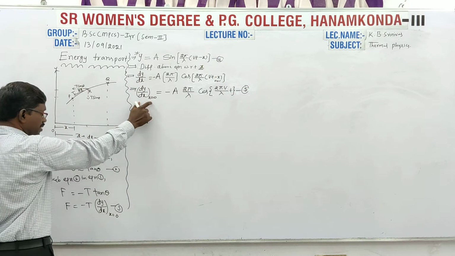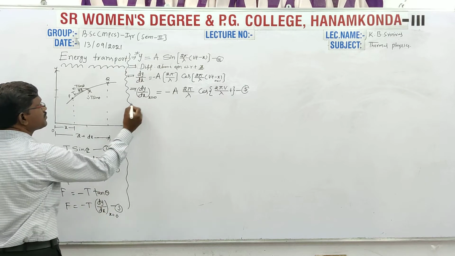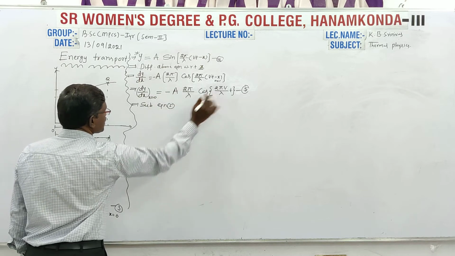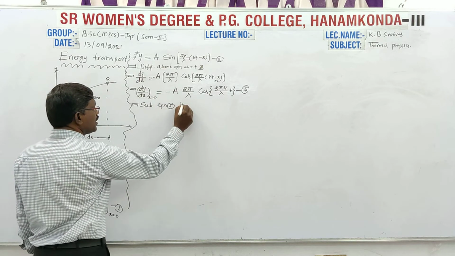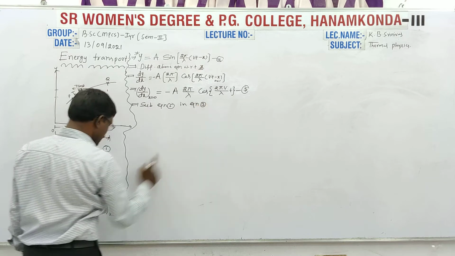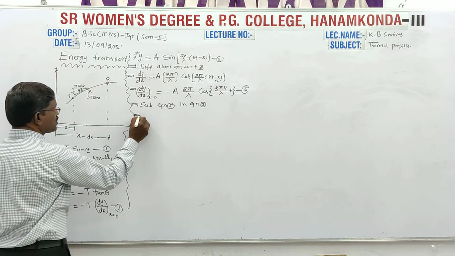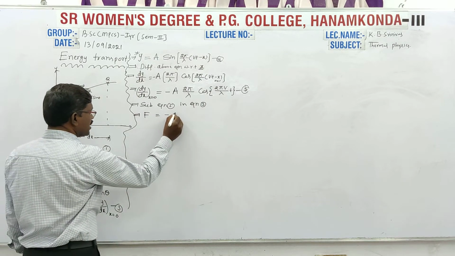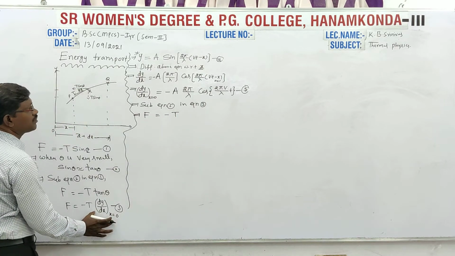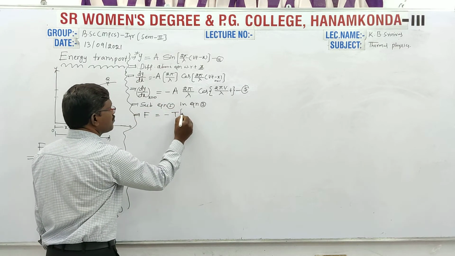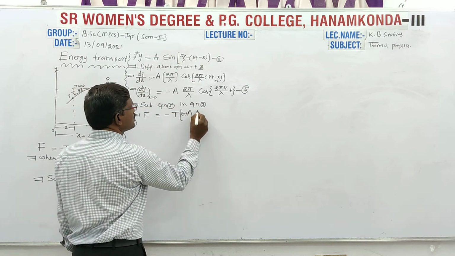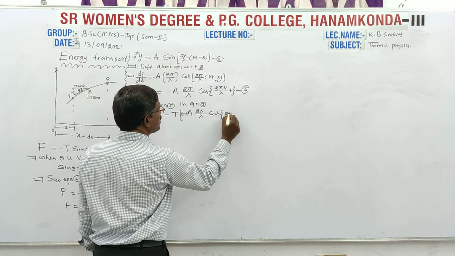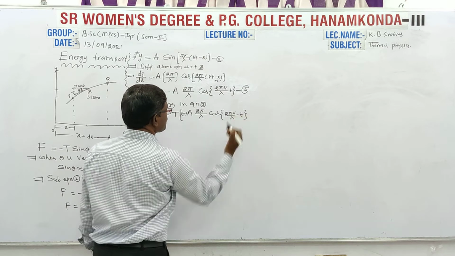Substitute this dy by dx at x is equal to 0, equation 5, in equation 3. So the net force acting on the wire at point R is equal to minus T, and instead of this term you can substitute this value, that is minus a into 2 pi by lambda into cos of 2 pi v by lambda into t.